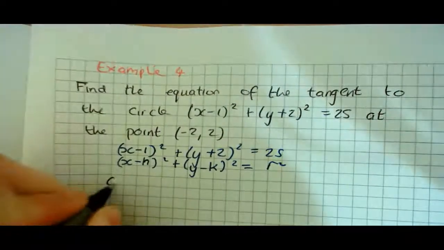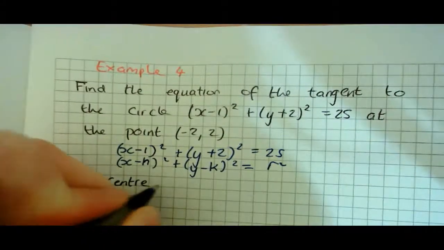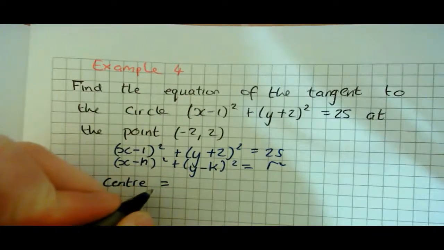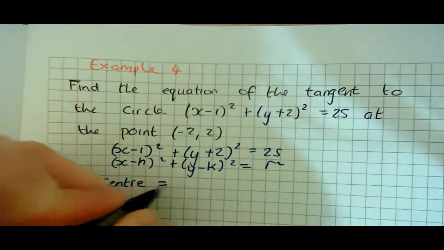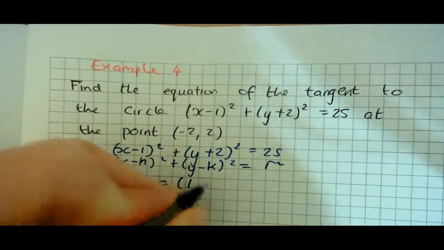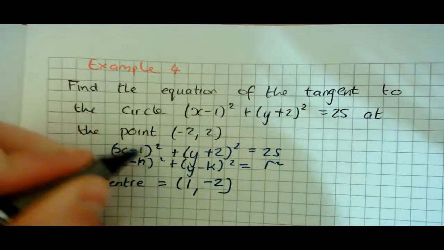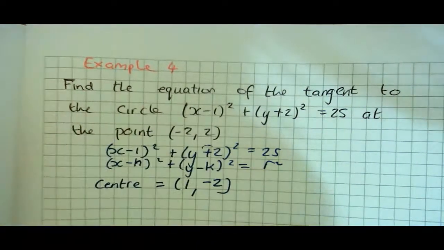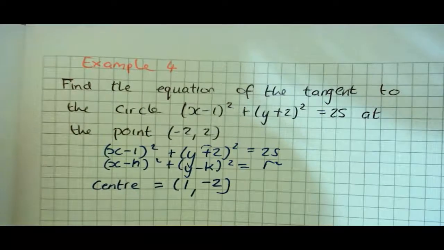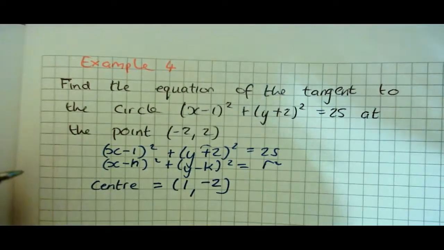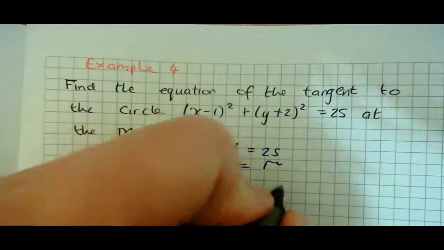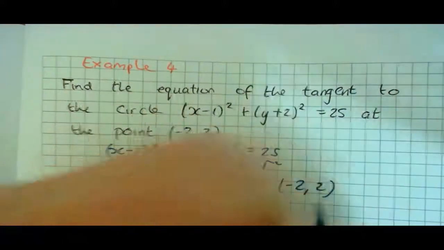So we know the centre is equal to (1, minus 2), because remember we're taking these numbers here, we're just changing the sign. Okay, so now we have the centre and we have the point (minus 2, 2) to find the slope.